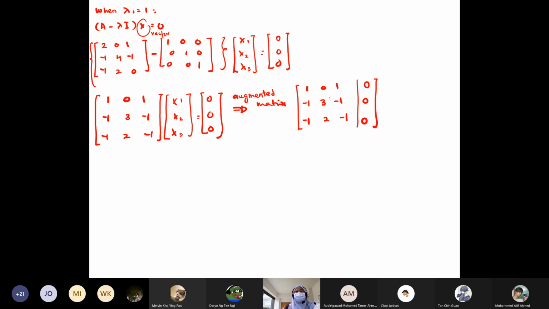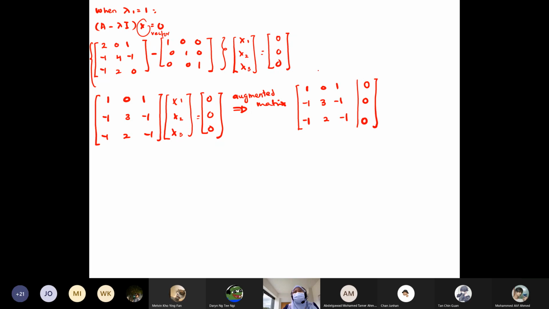I can see that one of the equations already has a 0 value, so I just keep it like this. You also may reduce the row, but for me I just go straight away.